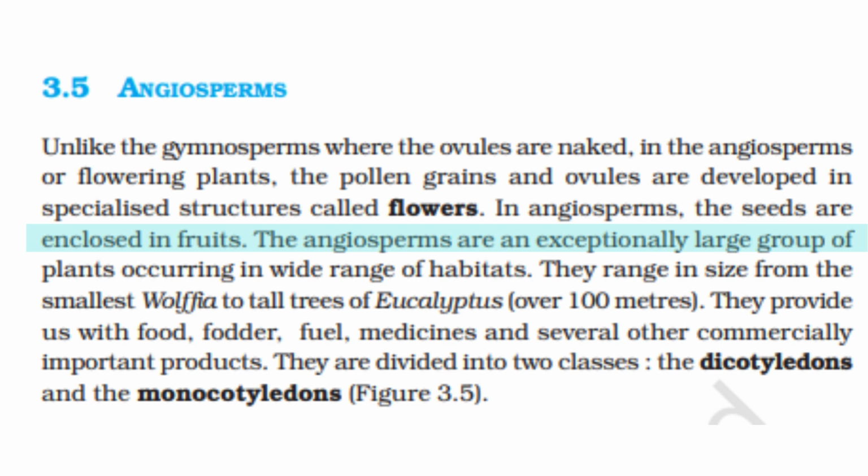The angiosperms are an exceptionally large group of plants, occurring in a wide range of habitats. They range in size from the smallest Wolffia to tall trees of Eucalyptus over 100 meters. They provide us with food, fodder, fuel, medicines, and several other commercially important products.